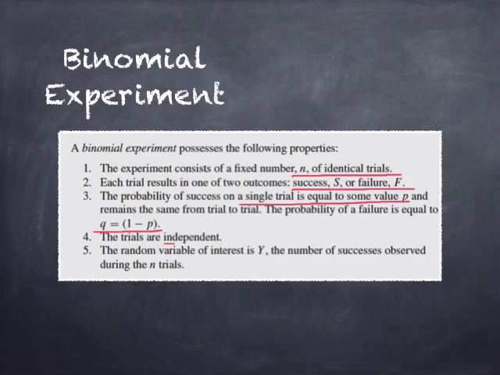The trials are independent, and here we talk about the random variable. The random variable in this case is a discrete random variable, and it is used to describe the number of successes observed during the n trials. So this random variable goes from 0, because you could have 0 successes in the trials, up to n, because you just have n trials in the whole experiment.